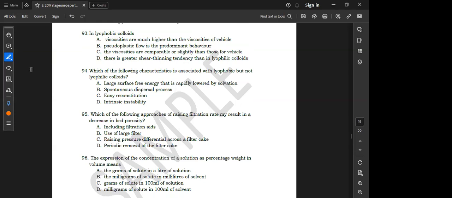So in the next question, in lyophobic colloids, viscosity is much higher than the viscosity of the vehicle. Pseudoplastic flow is the predominant behavior. The viscosities are comparable to or slightly higher than those of a vehicle, and there is a high shear thinning tendency, compared to the lyophilic colloids.